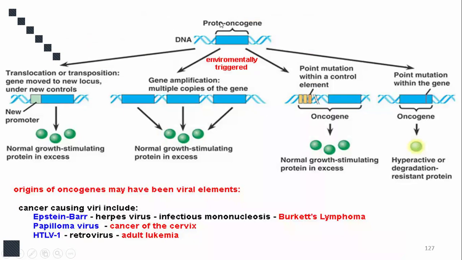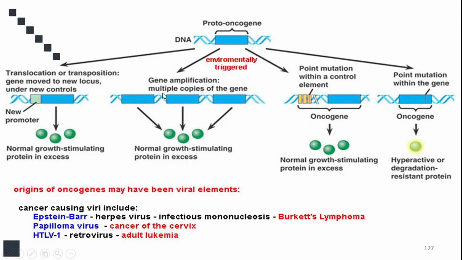So ideally, the proto-oncogene theory suggests that the proto-oncogene contained in the DNA will be stimulated by many things. One of those is an environmentally triggered scenario. When that occurs, translocation or transposition, a gene moves to a new location or locus under new control, and here you have normal growth stimulating protein in excess.